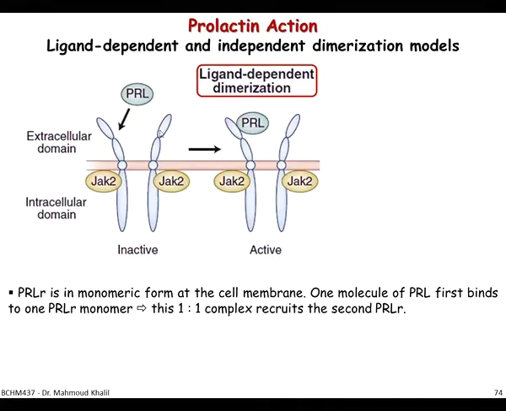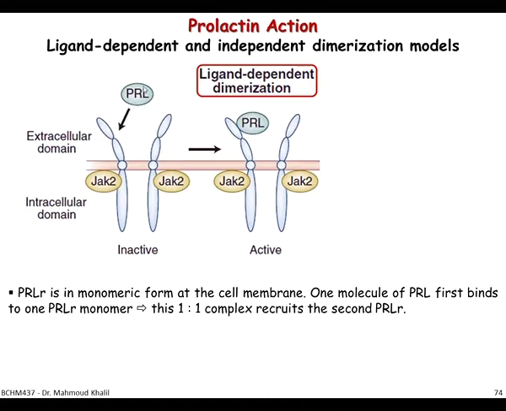So here we'll see prolactin in action. It has two mechanisms of action, either ligand-dependent or ligand-independent models. In the first one, ligand-dependent dimerization, the dimerization depends on the presence of the ligand.